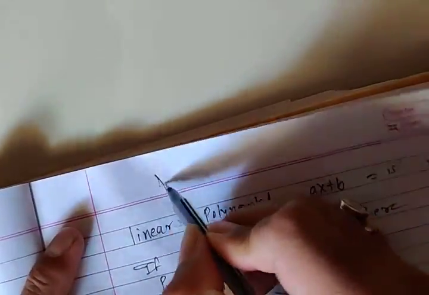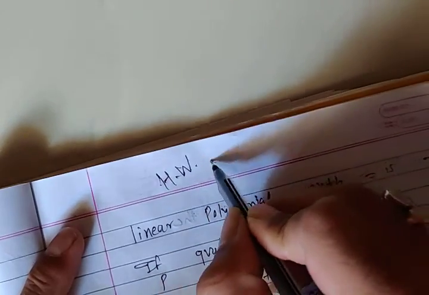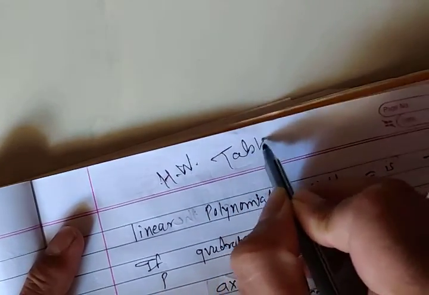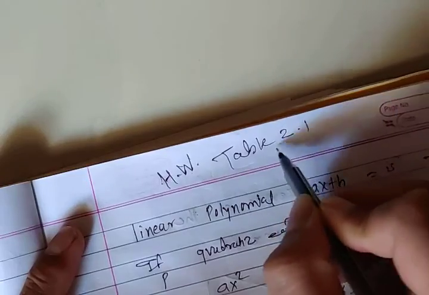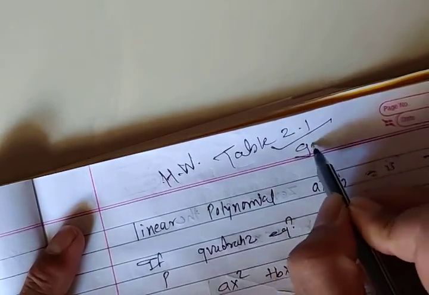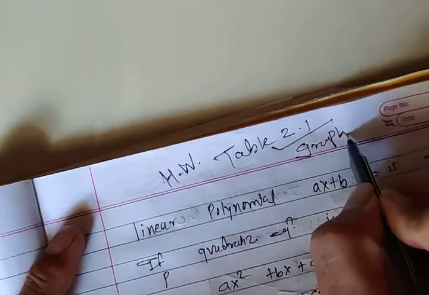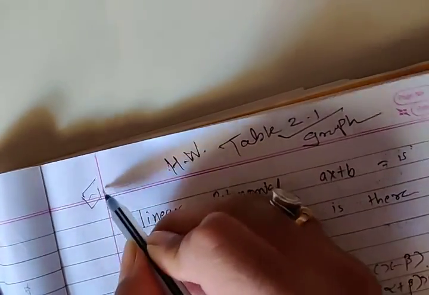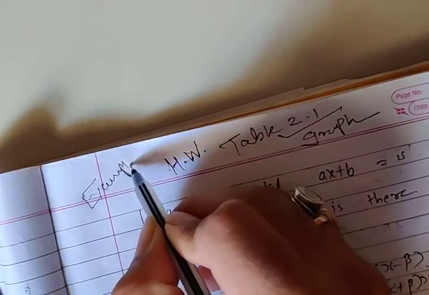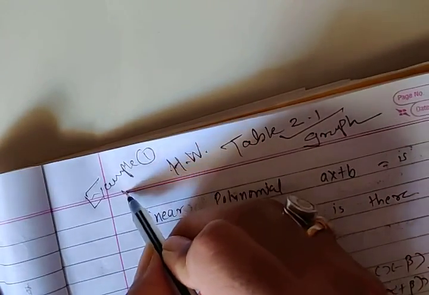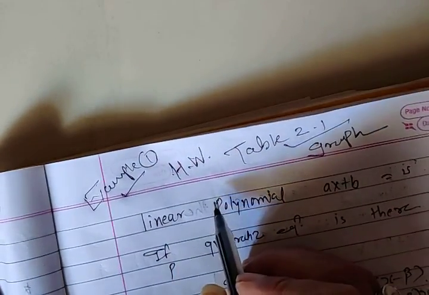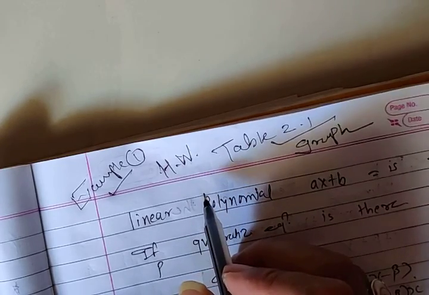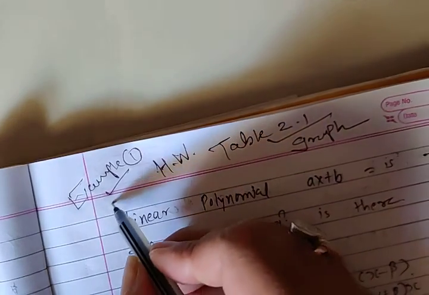So homework will be table 2.1 and the graph of that to understand the nature, and example number 1. Example number 1 is similar to your exercise 2.1 which I have already explained.